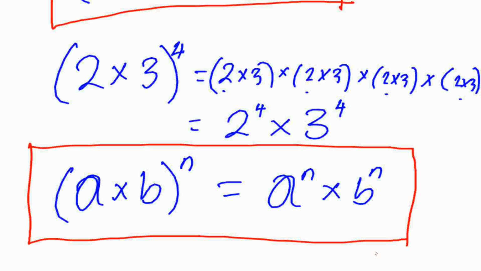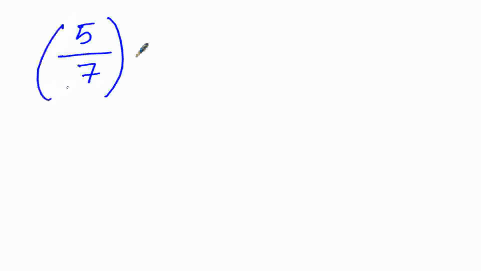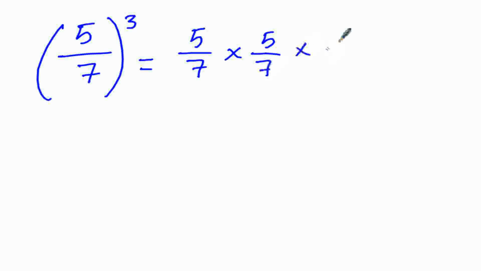And for this video, the last one we shall look at, let me use another number now, 5/7 power 3. This means we are multiplying 5/7 3 times. 5/7 times 5/7 times 5/7.